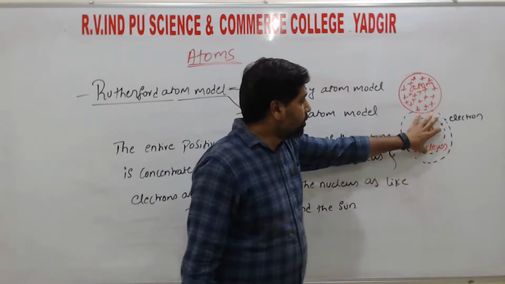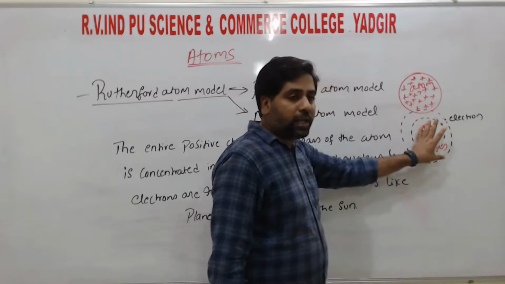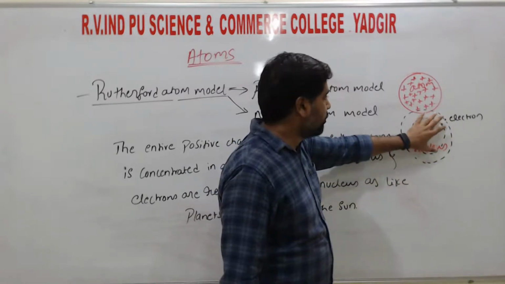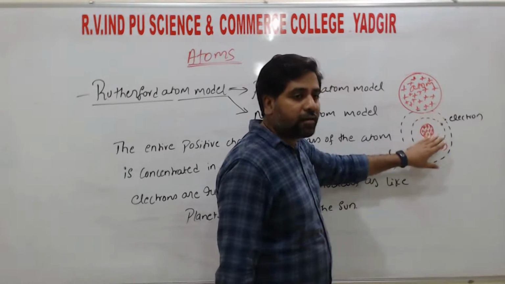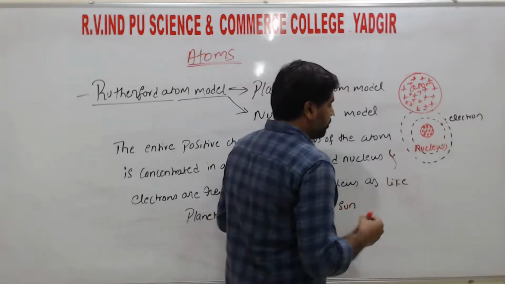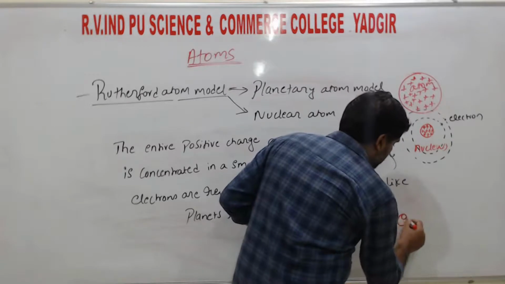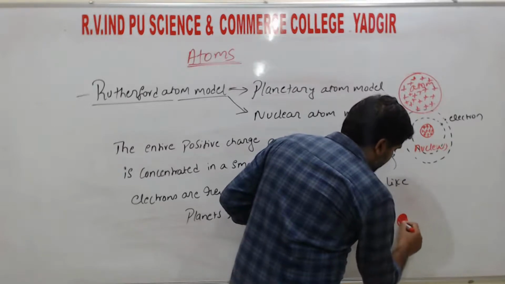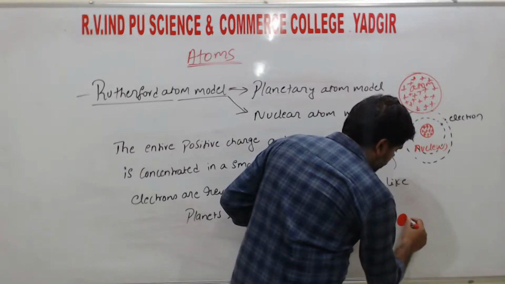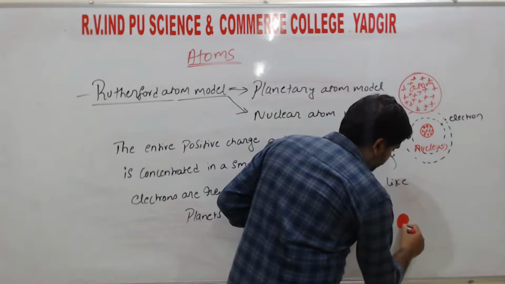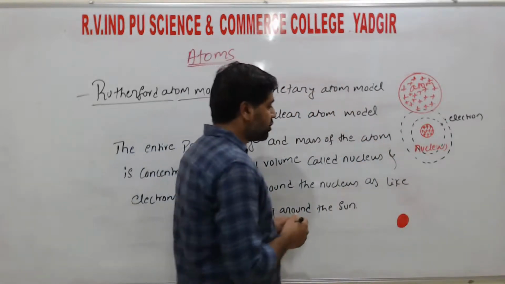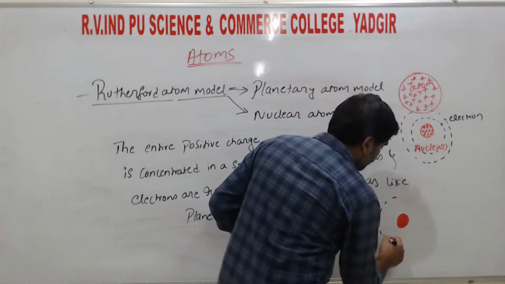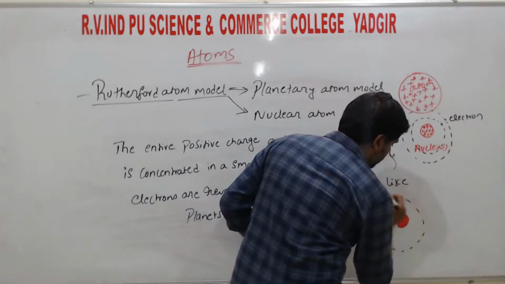So the remaining space is almost empty, right. If you observe here, there are no charges. Here they have the empty space. So if you consider this one as the nucleus, then the electrons are revolving around this nucleus.